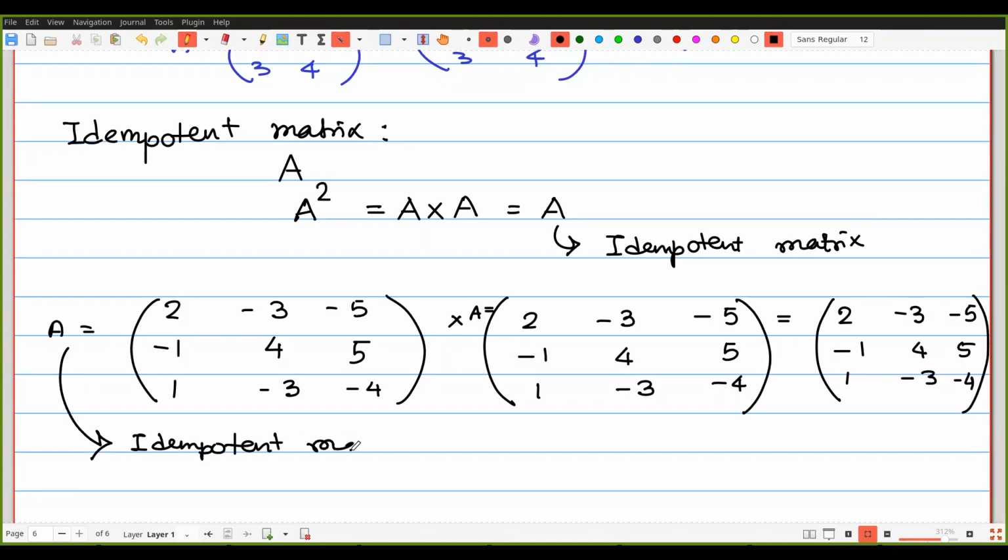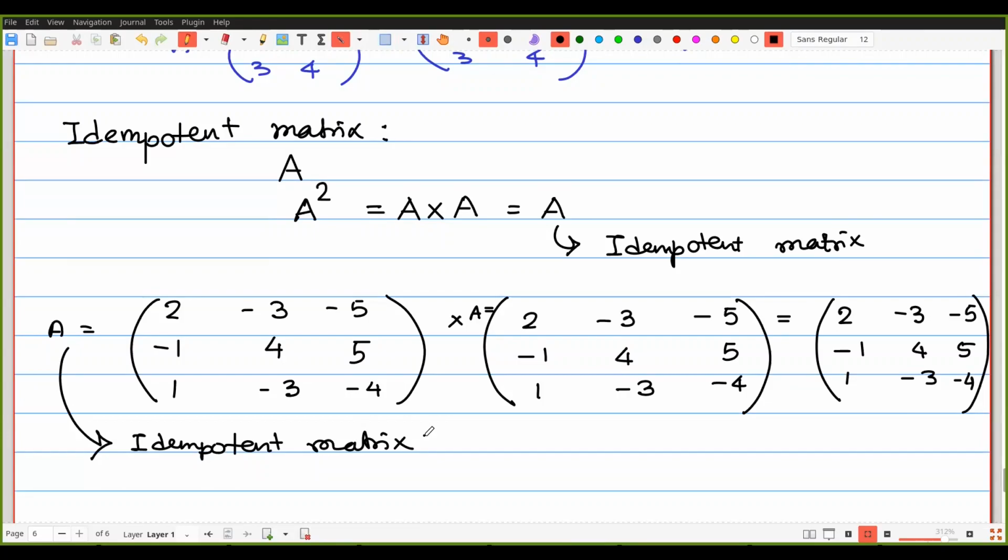idempotent matrix. So yet now the most important terms of the matrices, that is, which types of matrices are practically required for us: rectangular matrix, row matrix, column matrix. Row matrix means vector, column matrix means tuple.